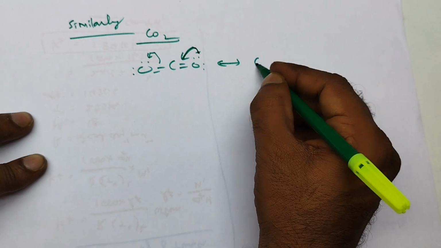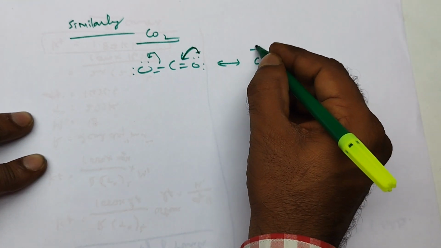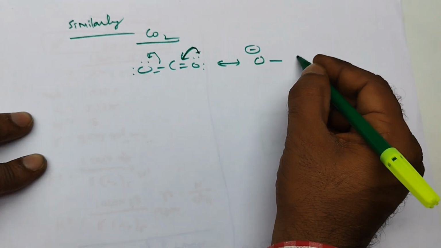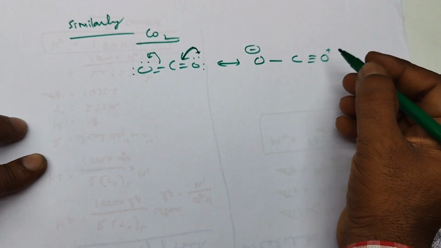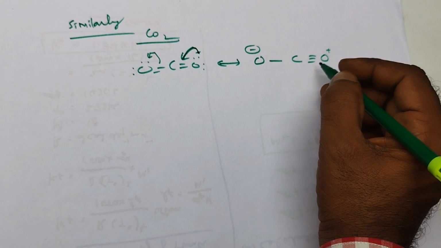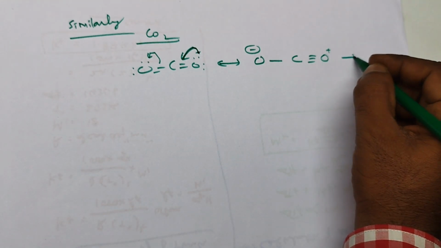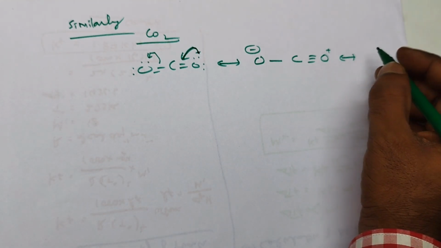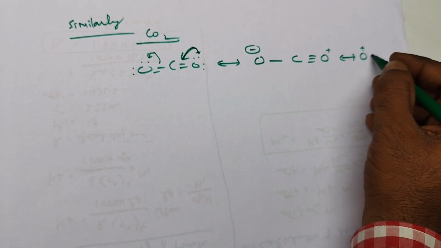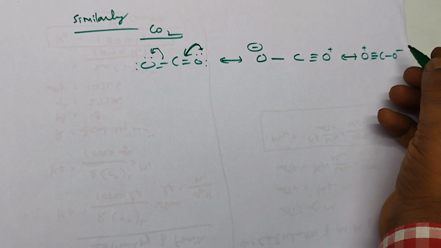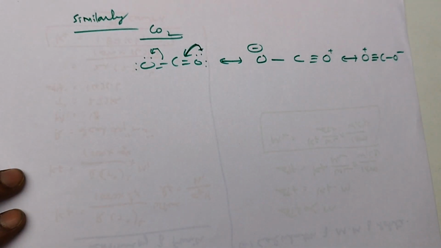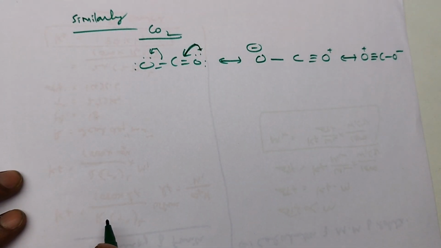So you write a double bond, O minus, single bond, carbon triple bond O positive charge. This is another similar structure of carbon dioxide. We can also write one more structure like O plus triple bond C single bond O minus. These are all resonance structures of carbon dioxide.